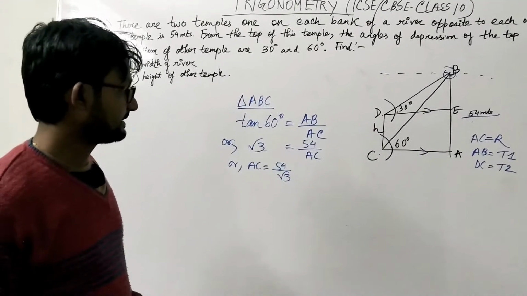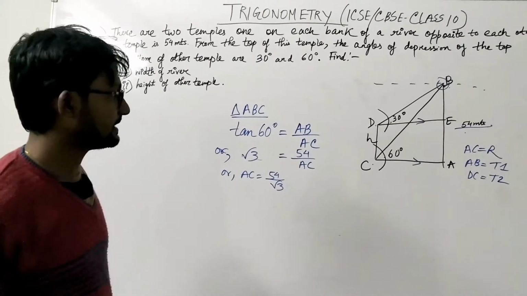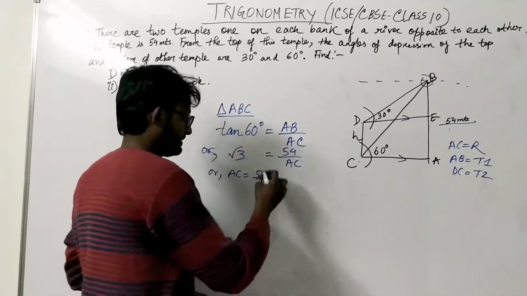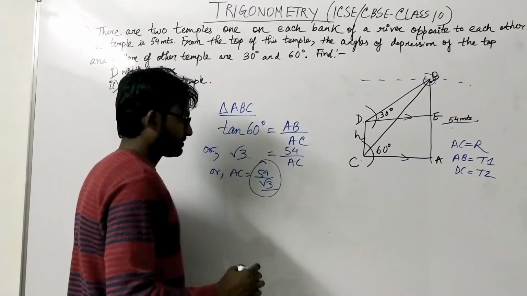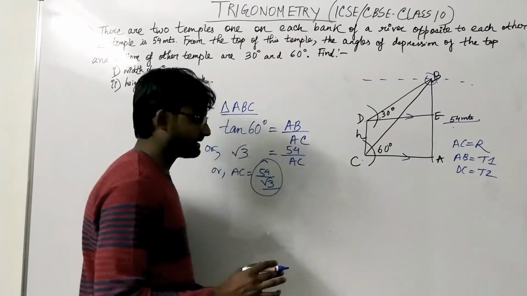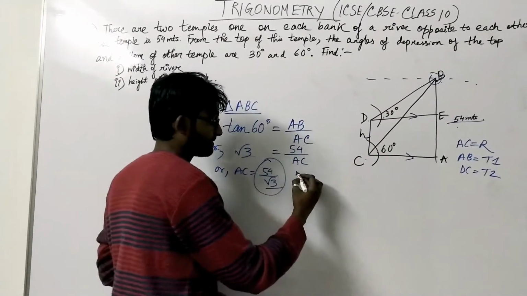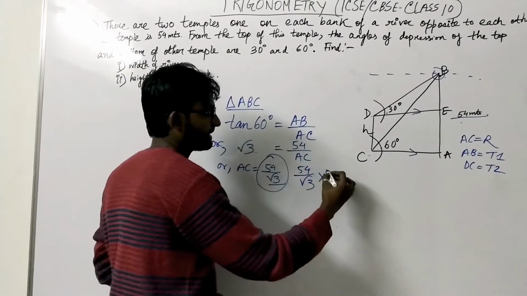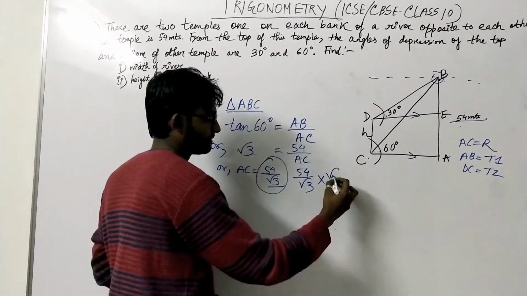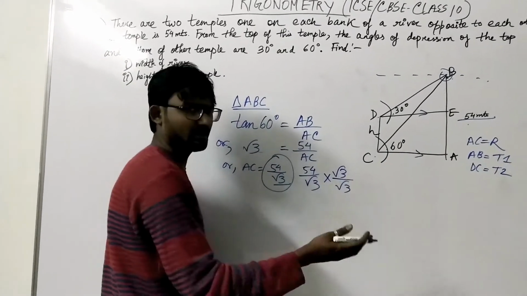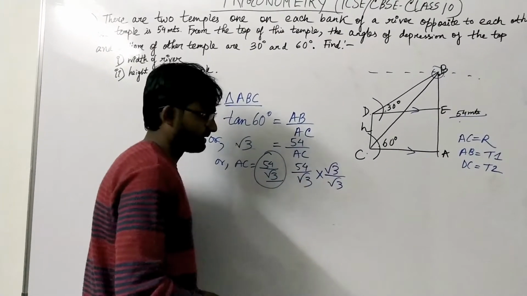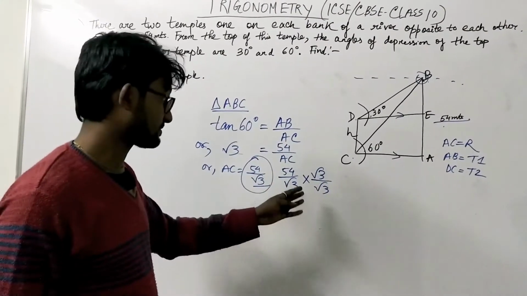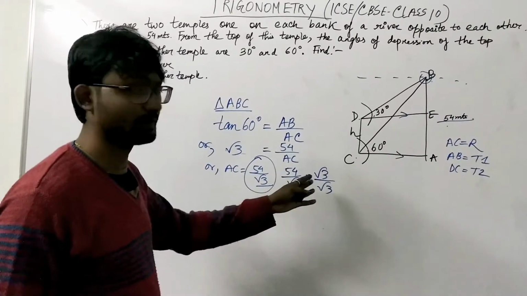So AC is 54 by √3. Note down the equation. If you rationalize it, you know what rationalization is. We multiply it by √3 by √3, which is actually 1, so we are multiplying this value by 1 only.